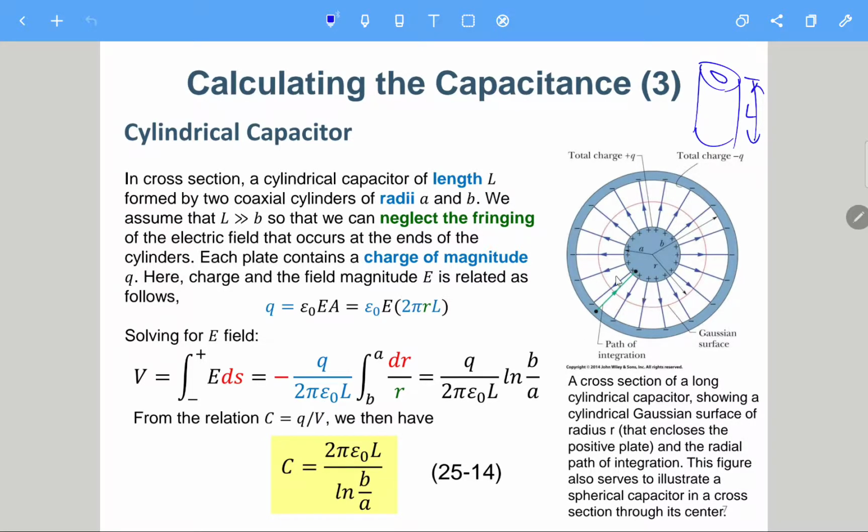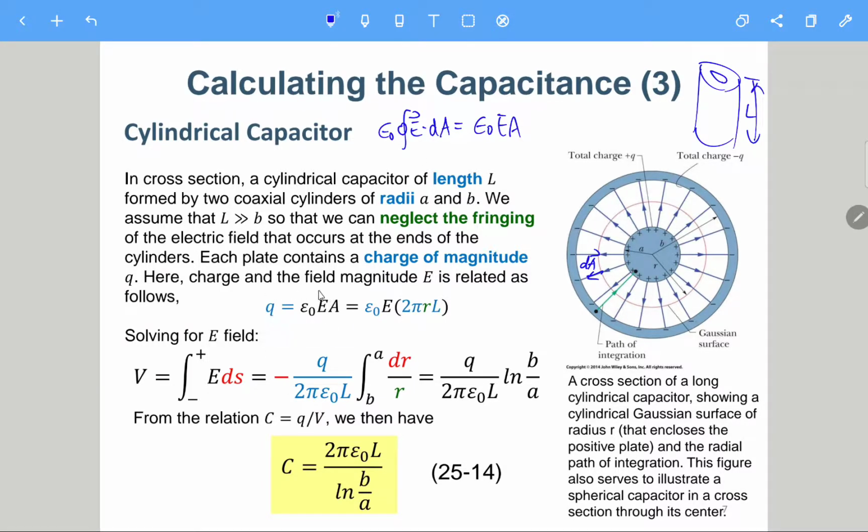If we have a Gaussian surface here, we also have a dA in the same direction, so the integration of E dot dA over epsilon naught will be nothing but E A over epsilon naught, as before.